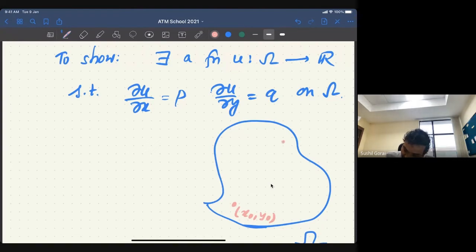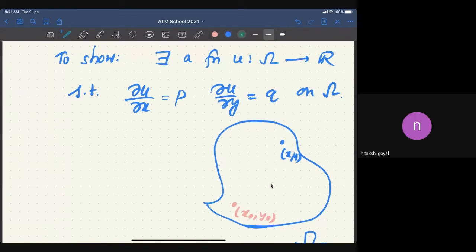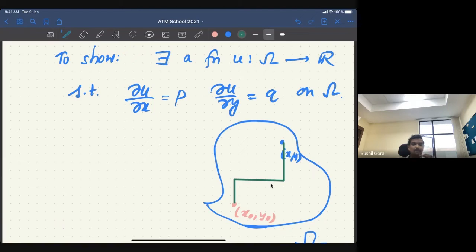So take any other point, x comma y, and we want to join these two points by a curve, something like this, right?